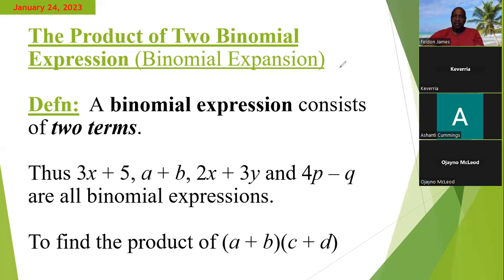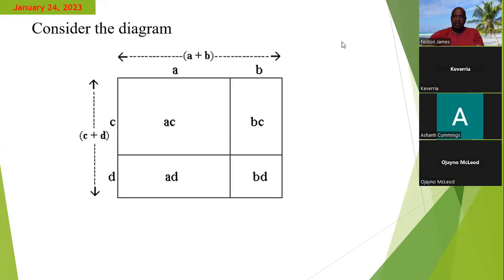All right, so we would have been familiar with the distributive property from the previous class. So now, before we look at the product in terms of a distributive property, I want you to consider this diagram to see how the product, when you multiply them, what the result should be.